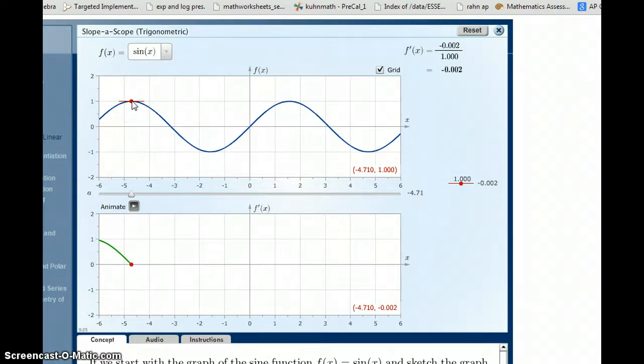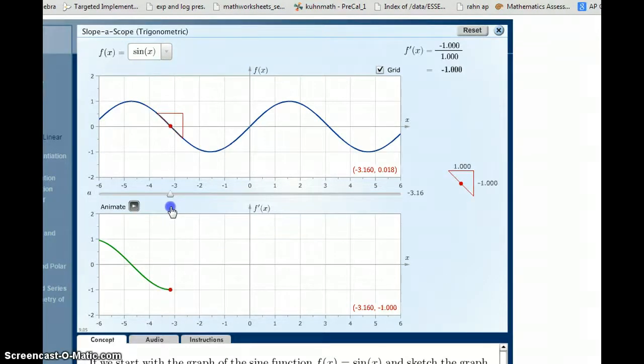So what's going to happen between this top of the hill and the bottom of the valley here? The slopes, as you can tell, are going to be negative slopes now, and that's why the y coordinates for these points are negative. This is the graph of f prime, and then it's more negative, and it's more negative, as I'm moving my x.